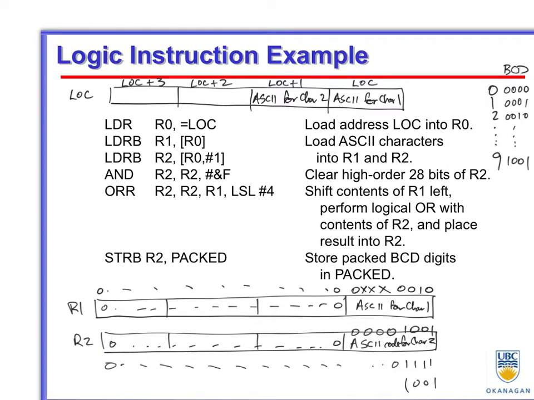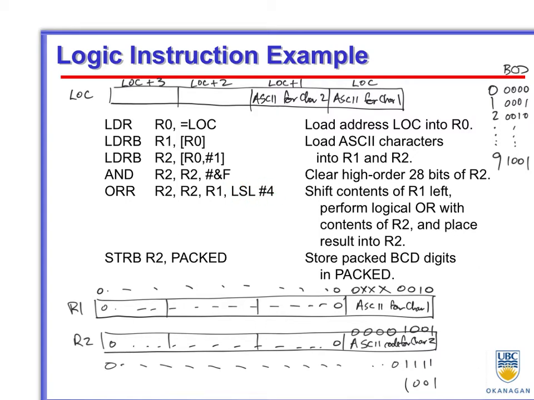Well, now we're going to OR that with what we've got in R2. So we've got this in R1, we've got this now in R2, and we're going to do a bitwise OR. Pardon me, we don't do the OR yet. We have to shift what's in R1 first. We have to shift it by 4.